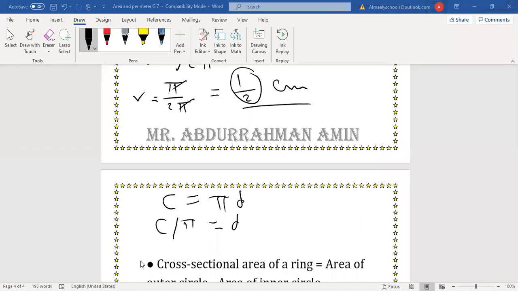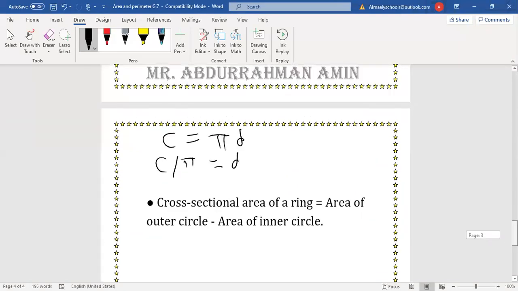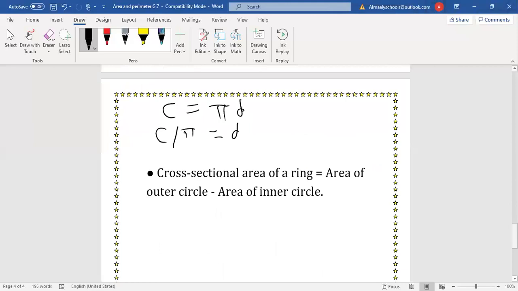We can find the rule of the cross-sectional area here. You can read it now. The cross-sectional area of the ring equals the area of the outer circle minus the area of the inner circle.